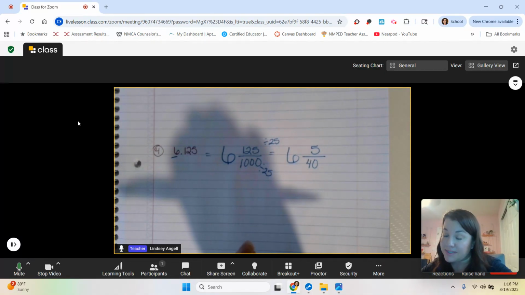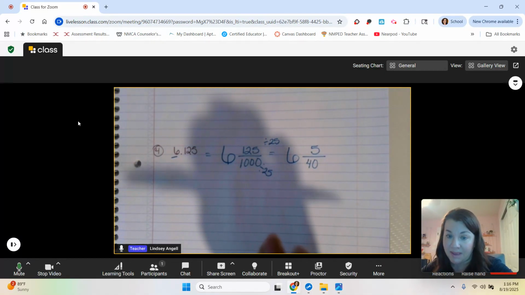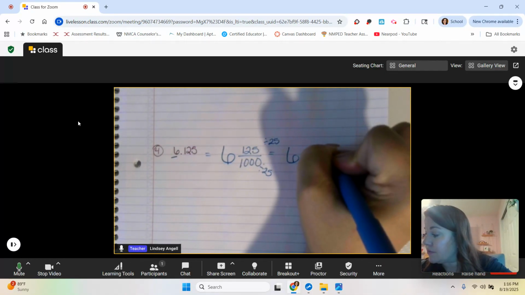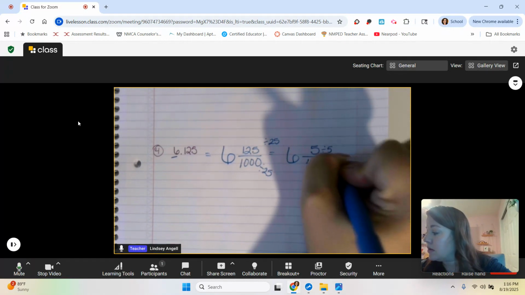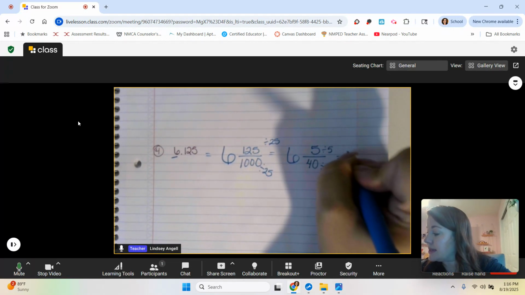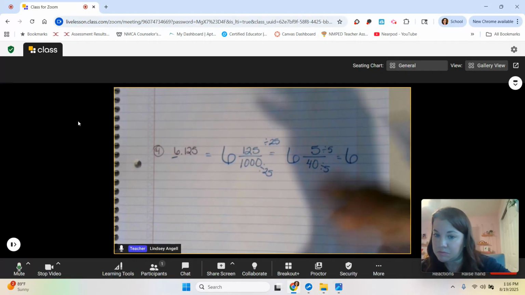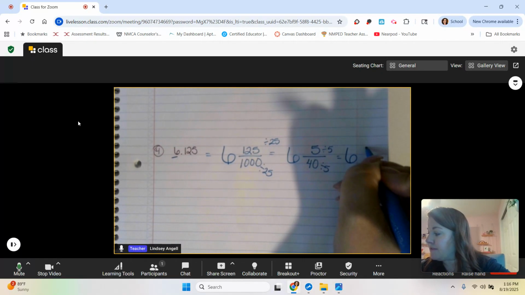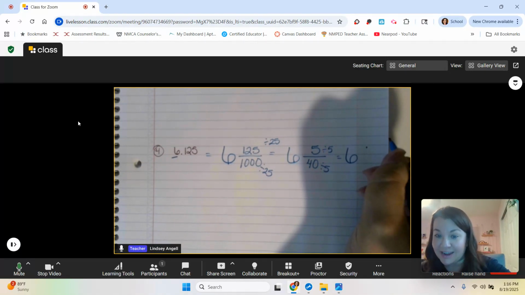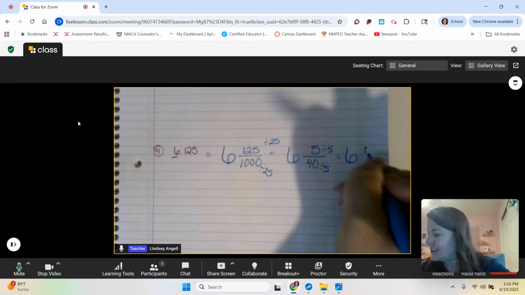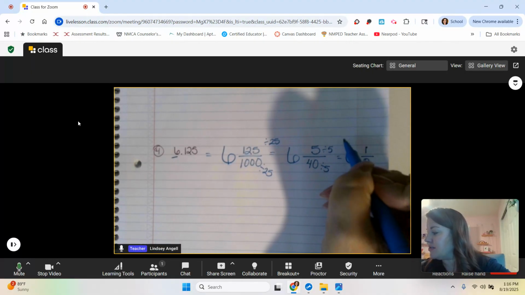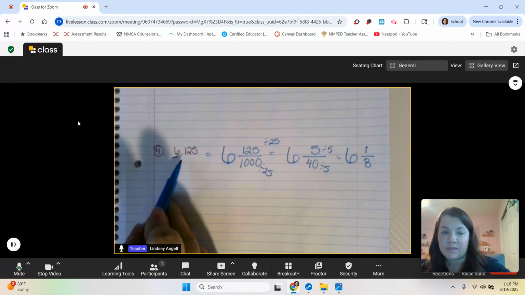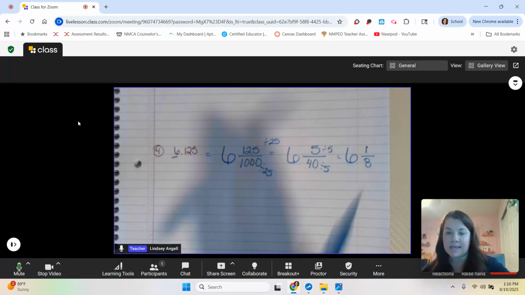But I notice again they're both divisible by 5, so I have to reduce even further. The 6 stays the same because 6 whole is equal to 6 whole. 5 divided by 5 is 1, and 40 divided by 5 is 8. So this right here is equal to 6 and 1/8.